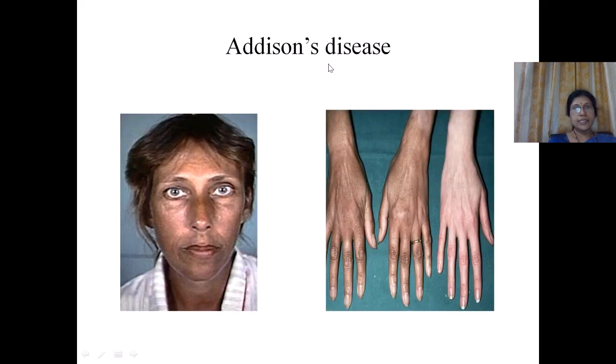This is Addison's disease. Addison's disease usually occurs due to an infection, for example tuberculosis, or autoimmune destruction of the adrenal gland, and it also occurs due to too little secretion of cortisol and aldosterone.